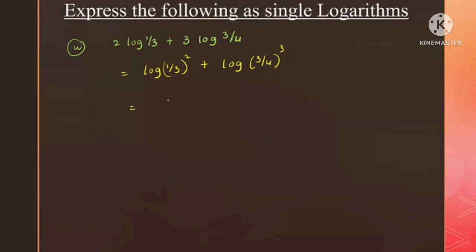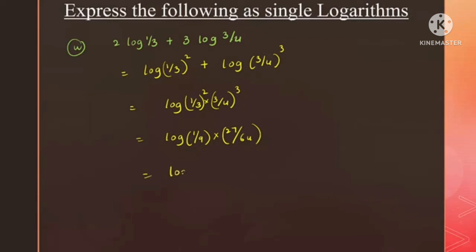So directly I can write log of 1 by 3 square into 3 by 4 cube. Or if you want to extend, then we can write log 1 by 9 into 3 raised to 3, 27, divided by 4 raised to 3, 64.